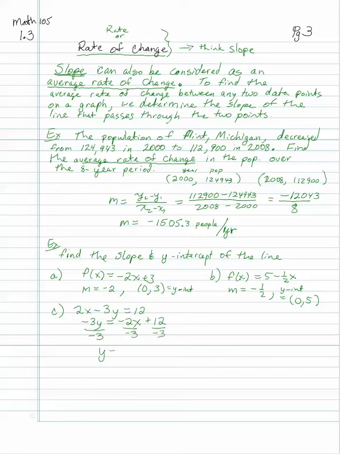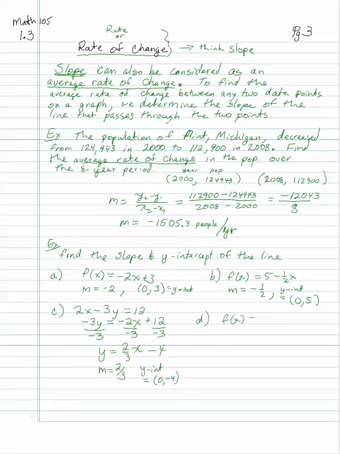So y equals 2/3 x minus 4. So the slope is 2/3, and the y-intercept is (0, -4).